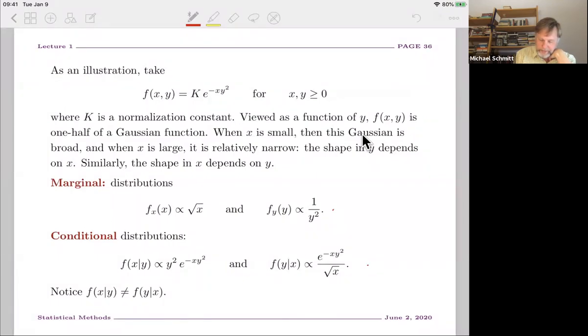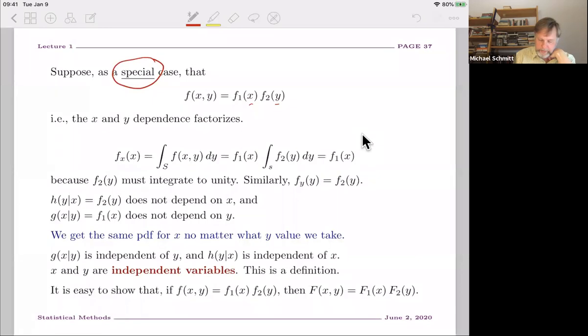This cannot be written as a product of a function of X and a function of Y. If, however, you can do it that way, then you can show that F1 actually is the marginal distribution of X, and F2 turns out to be the marginal distribution of Y.